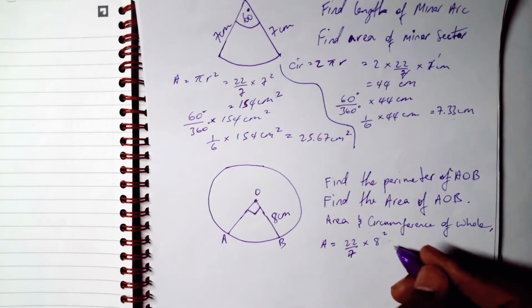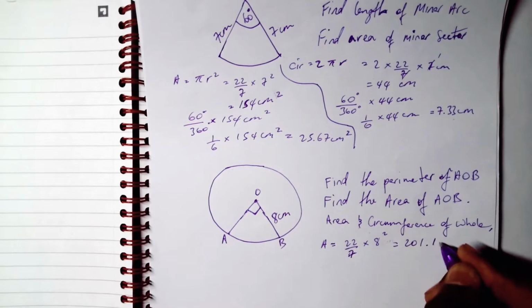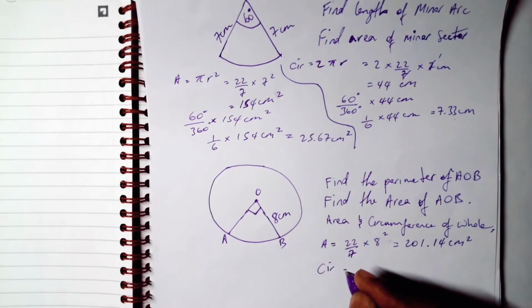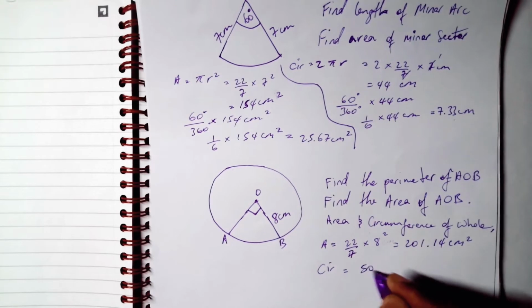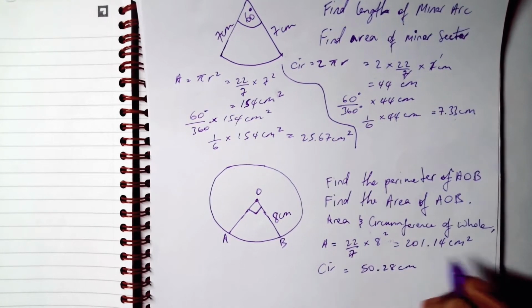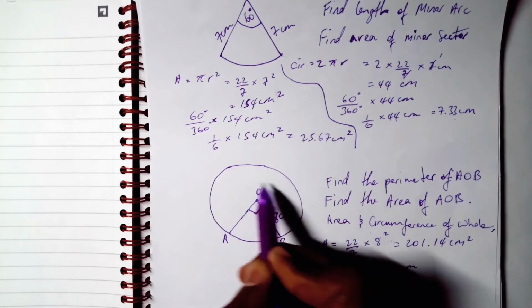So this is going to be equal to 201.14 centimeters squared. Alright? And the circumference is going to be equal to 2 times 22/7 times 8, I think that's 50.28 centimeters. So we found the area and circumference of the whole thing here.